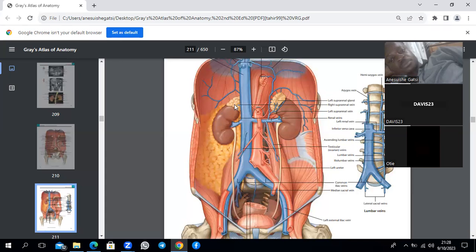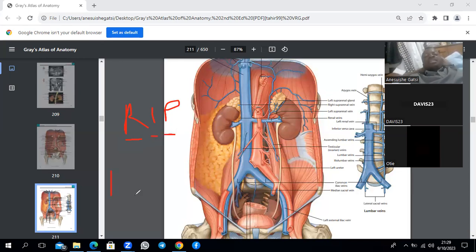Then on top of the kidneys, we have suprarenal glands. So there's a mnemonic that I always give, which is rest in peace. It means the right suprarenal gland is pyramidal in shape.